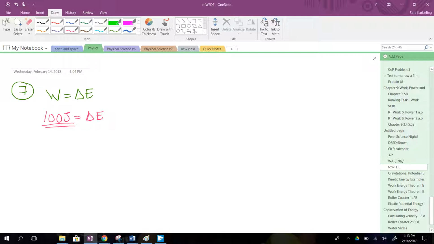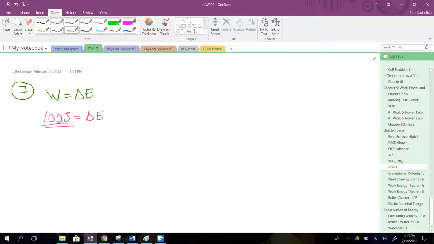You shouldn't feel dumb. You should say, oh, that was something I hadn't quite got yet, but now I get it. Good for me. Yay for learning. It's a beautiful thing. That was part A. Part B says, oh, this is interesting: what would the gravitational potential energy be if the bucket were raised twice as high? Twice the answer.